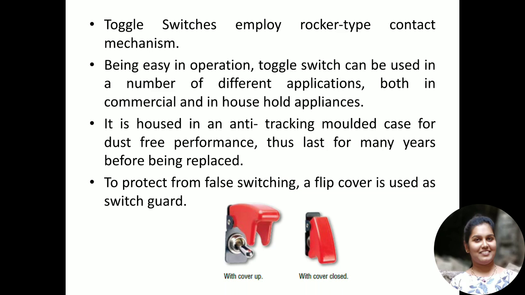When we want to switch on the toggle switch, we can flip this cover up so that we can operate the switch. After the switch has been operated, the flip can be pressed downwards, such that false operations or unwanted operations or child operations can be eliminated.